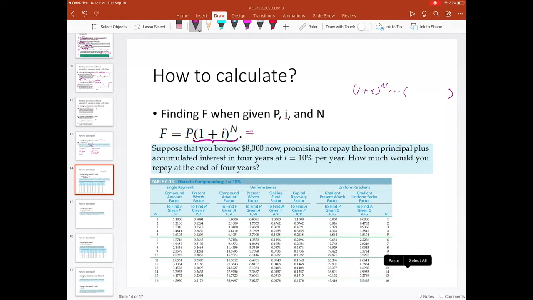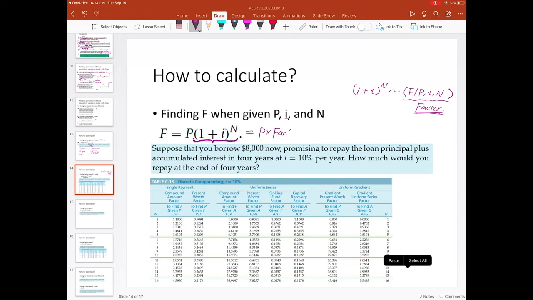You're going to like it because you have learned how to write the term: find F given P, I, and N. Remember, this is a term we use to simplify that scenario, and if you put a parenthesis outside, this becomes a factor to use to calculate the F using this table without any manual calculation like to the power of N. This is another approach. We just call it the factor approach or table approach.